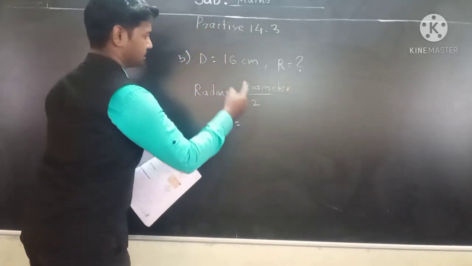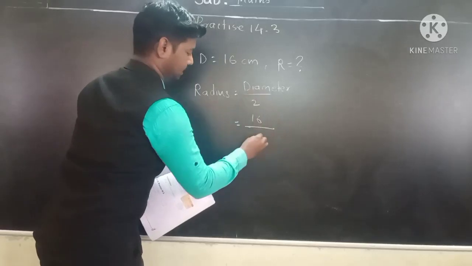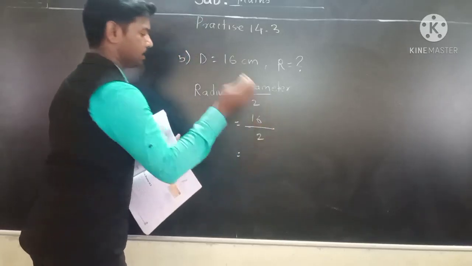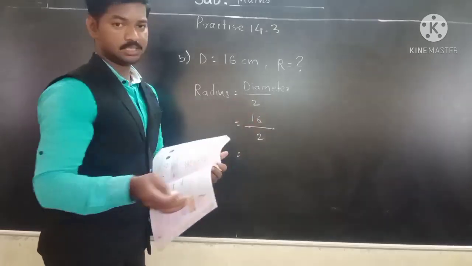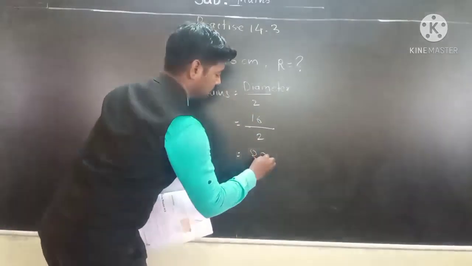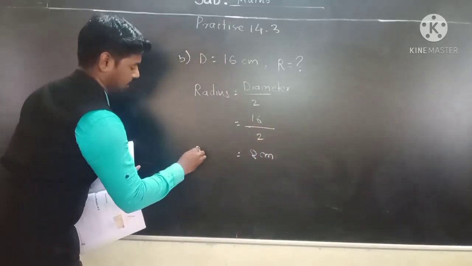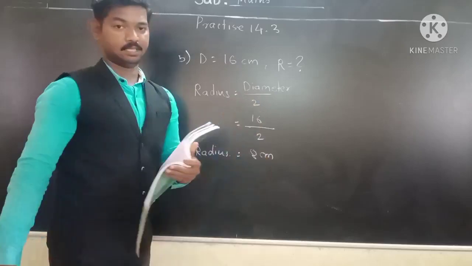You will put the value. Diameter is given there, 16 centimeters divided by 2. Okay, you can do the division, or we know the half of 16. If we take half of 16, it will be 8 centimeters. The radius is 8 centimeters.